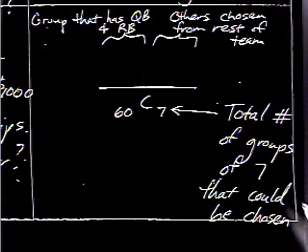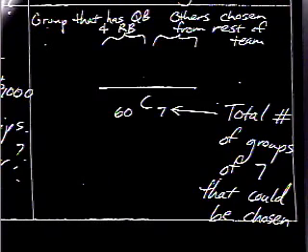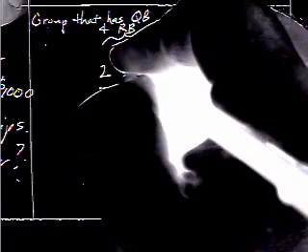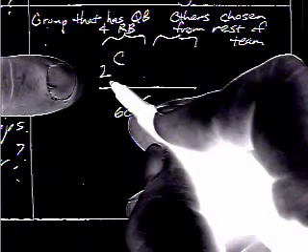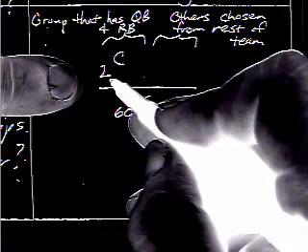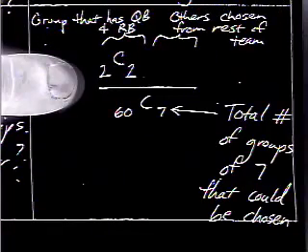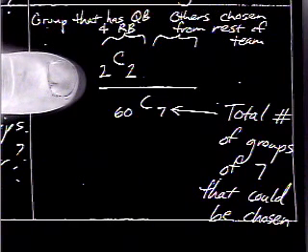So this is the total number of groups of 7 that could be chosen. We're going to split this up into 2 different groups. One group is going to have the running back and the quarterback. And out of that group of 2, we're going to select both of them. So out of that group of 2, we're going to select a group of 2. Now, if you do the math there, there's only one group there, so that's a real no-brainer. The number there is 1.